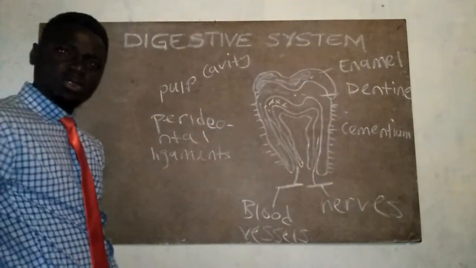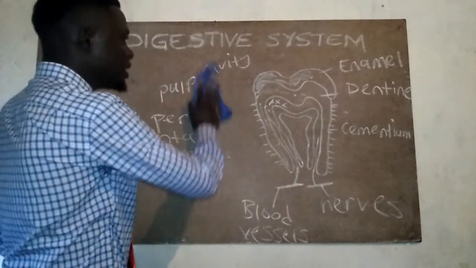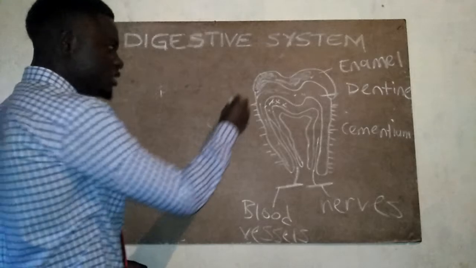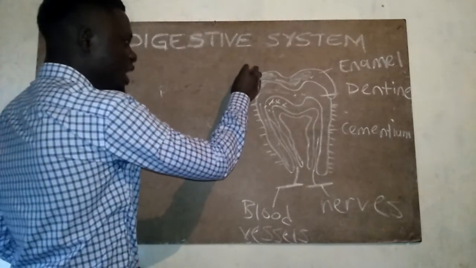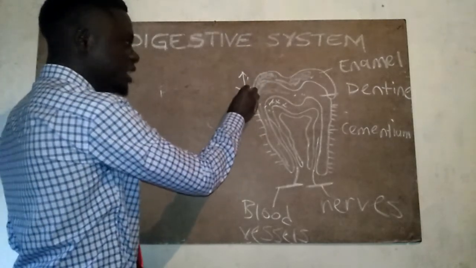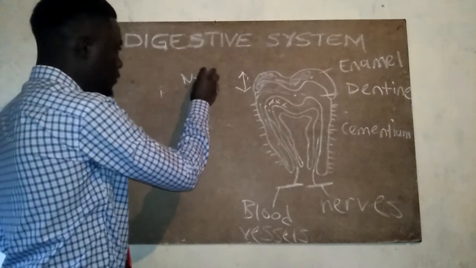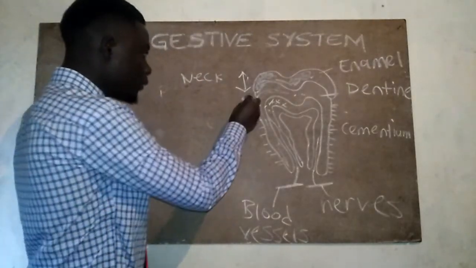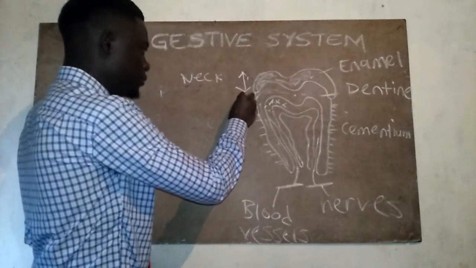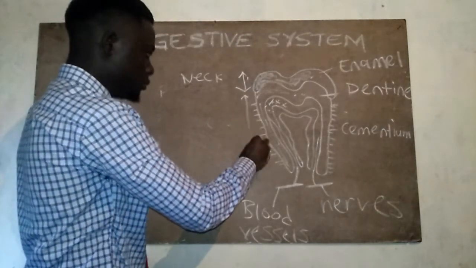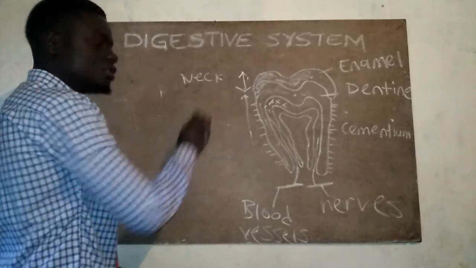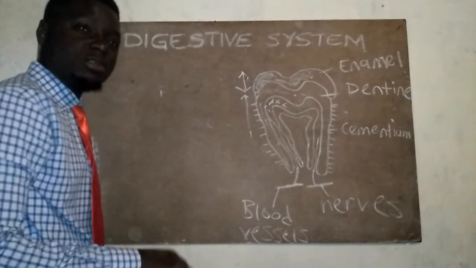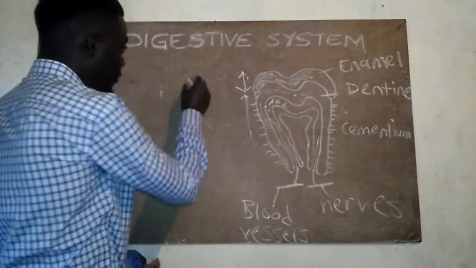And lastly, to mention, the teeth are in three parts. There is this part at the level of the enamel, and this part here is called the crown, sorry, not the neck, please bear with me, the crown.